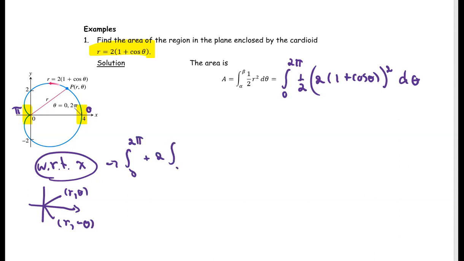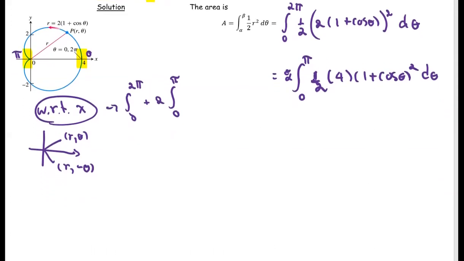So the 1/2 means from 0 up until pi. So we can clean this up to be twice the integral from 0 to pi, and then the integrand is 1/2, multiplied by 4 times 1 plus cosine theta squared with respect to theta.